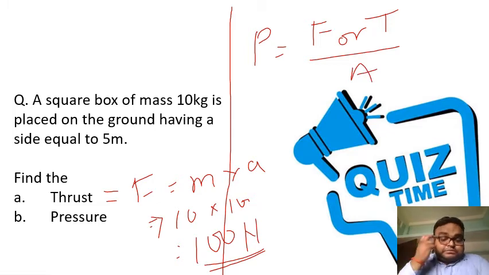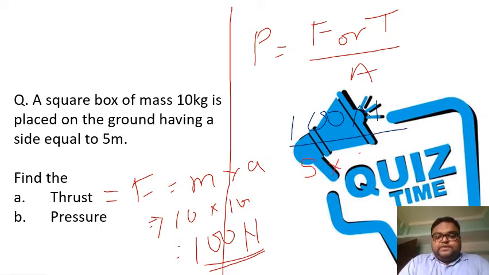So now when we solve for pressure, force is already 100 newtons, or thrust is already 100 newtons, right? And when we divide it by 5 into 5, this equals 25. So the pressure will be equal to what?